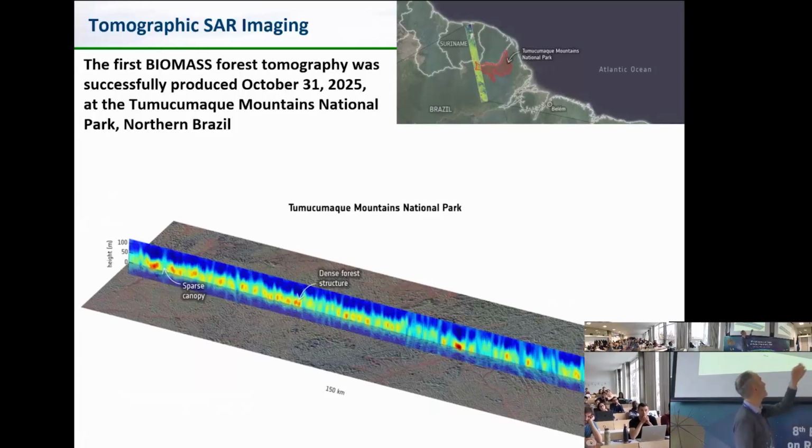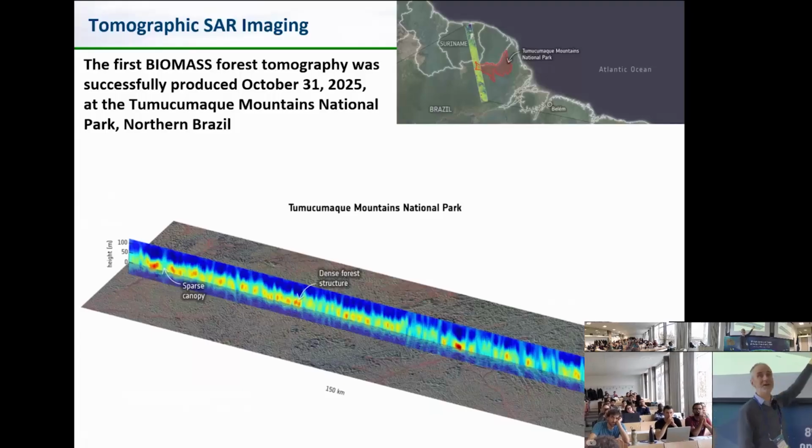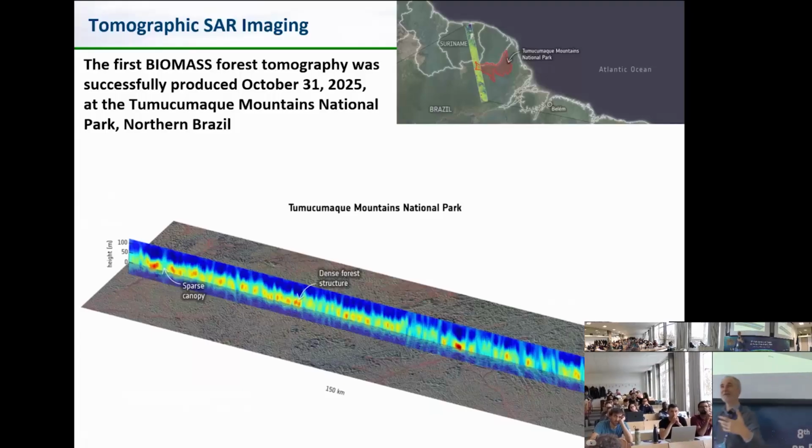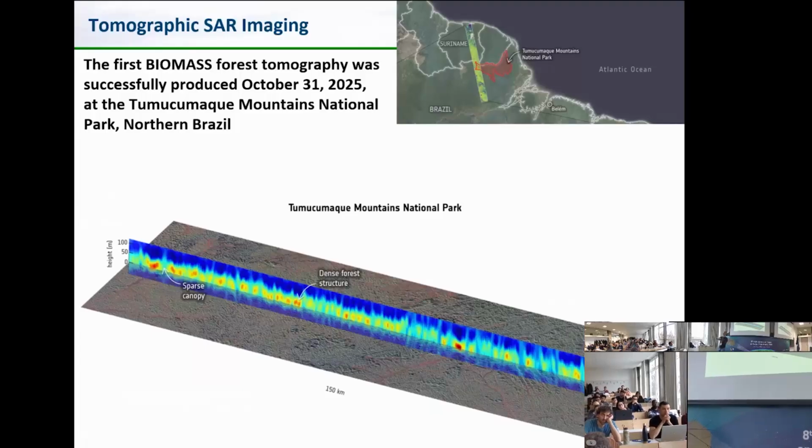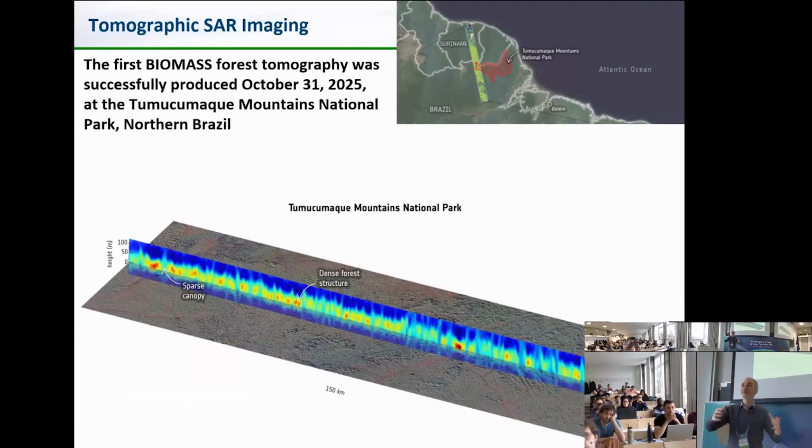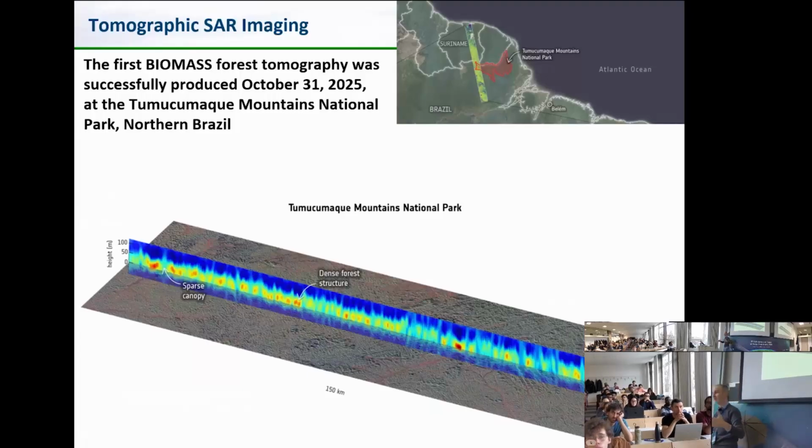So the idea is that the color scale here is telling you something related to forest density at different heights. Let's say that blue means empty space, whereas red means a denser forest structure. So this is what tomography does.